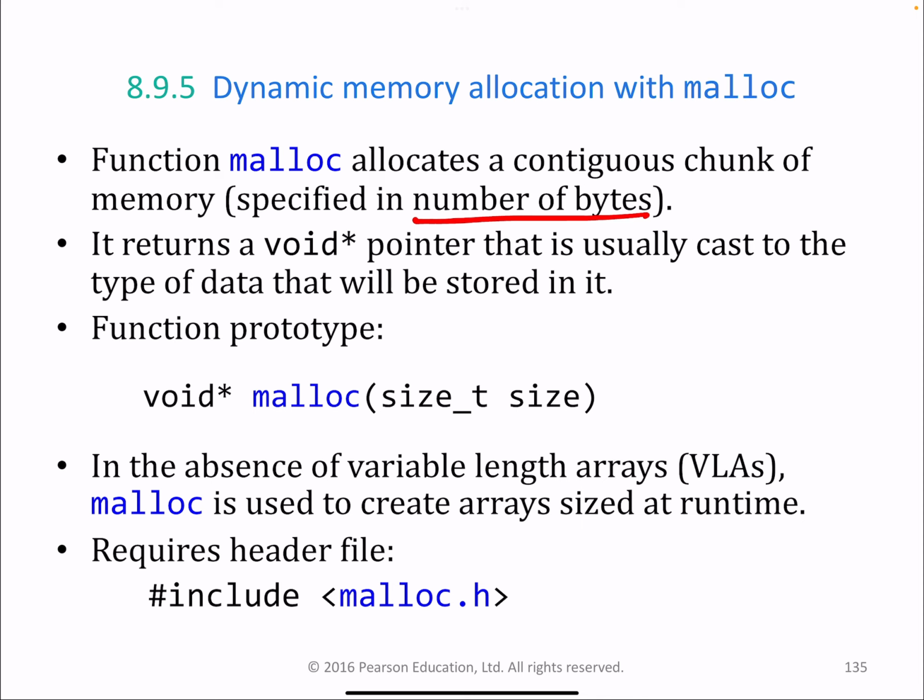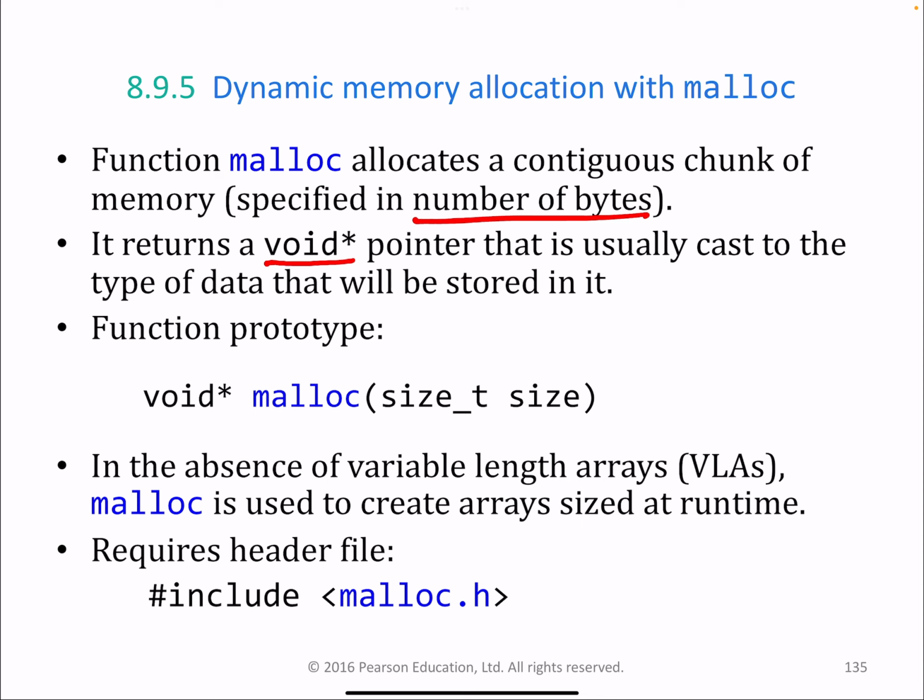The return type from the malloc function is a pointer of type void. Usually we have to cast the pointer to an appropriate data type, depending on what data type we'll use to put data into that allocated chunk of memory.